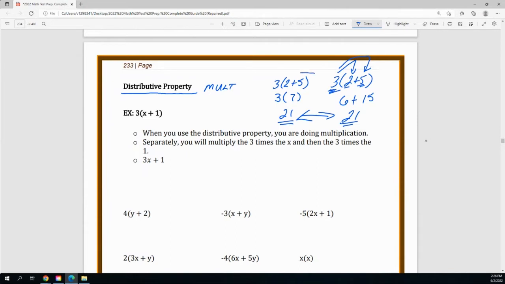So the thing is this, is that you would never use distribution with something like that. It would be a waste of your time and can cause confusion. You just follow the order of operation. But this is where the issue happens. It happens when you're multiplying, for instance, like this, and you're multiplying with an unknown.